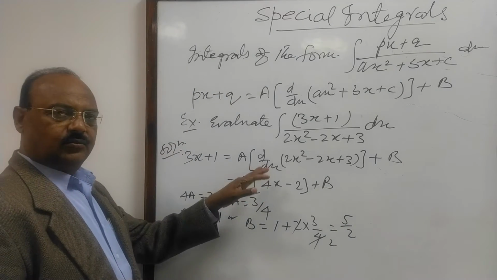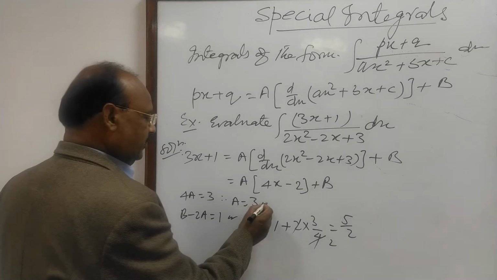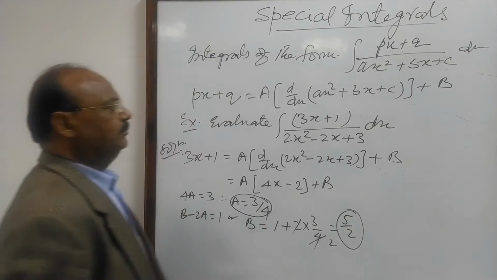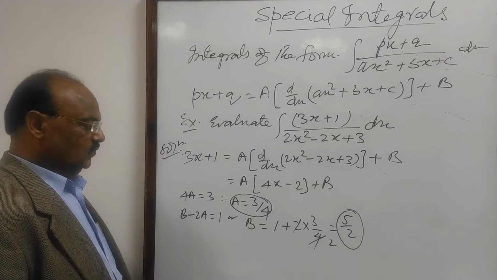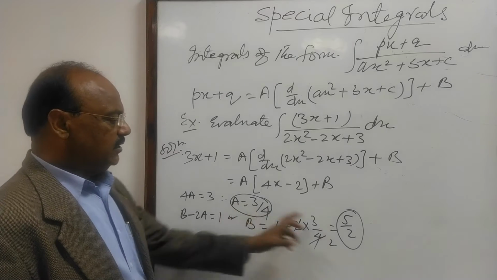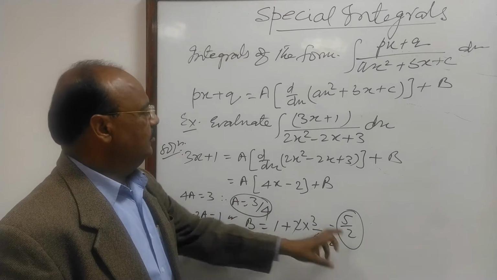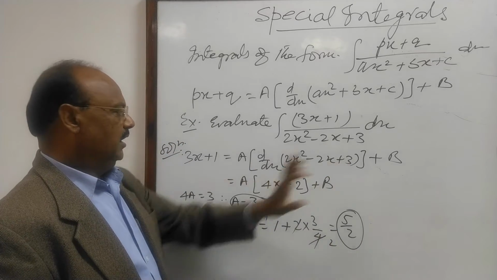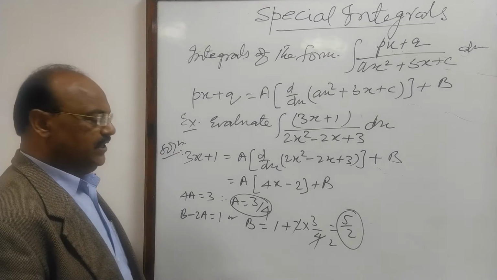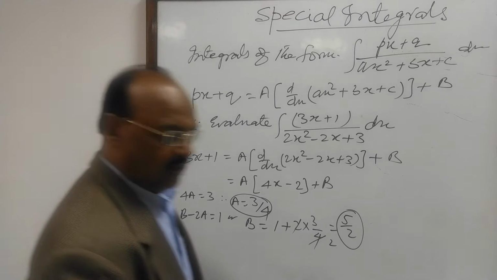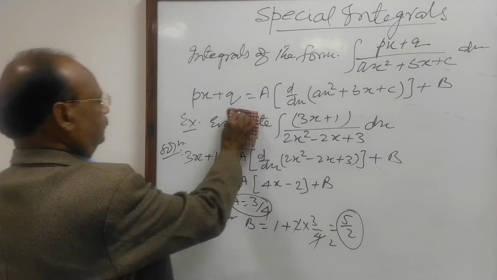By solving, we are getting the value of a as well as the value of b. Now we'll put these two values here and we will be able to integrate it very easily. So you see how we can proceed now.